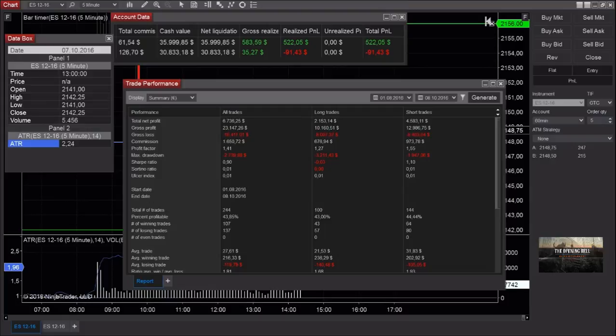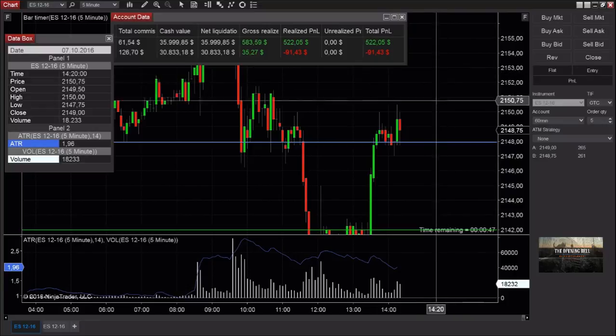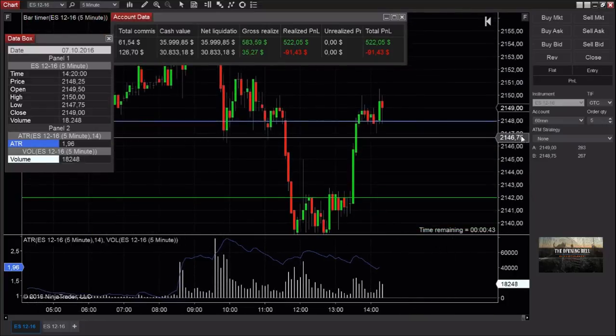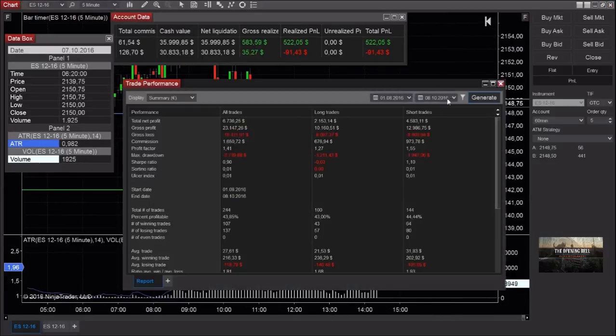But anyway, we should be looking at only one thing, and this is the trade performance, because I did my calculations and this seems to be correct, because we have a few trades accounted for here already. So the account data is not necessarily correct, as you can see here in the middle of the chart, just above the actual charting window, but this trade performance is accurate.